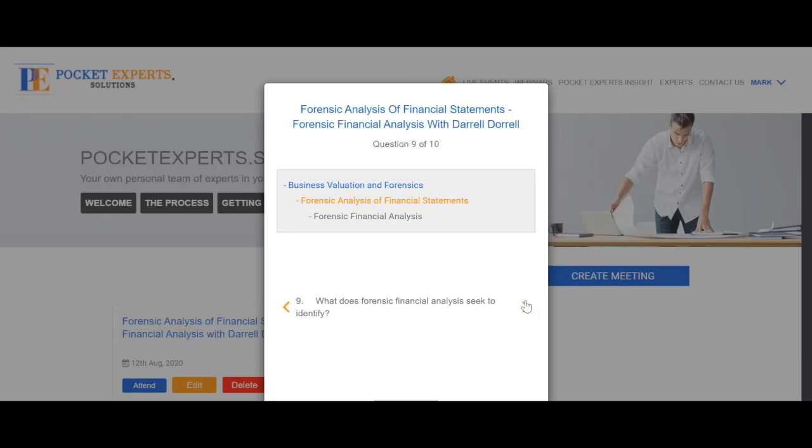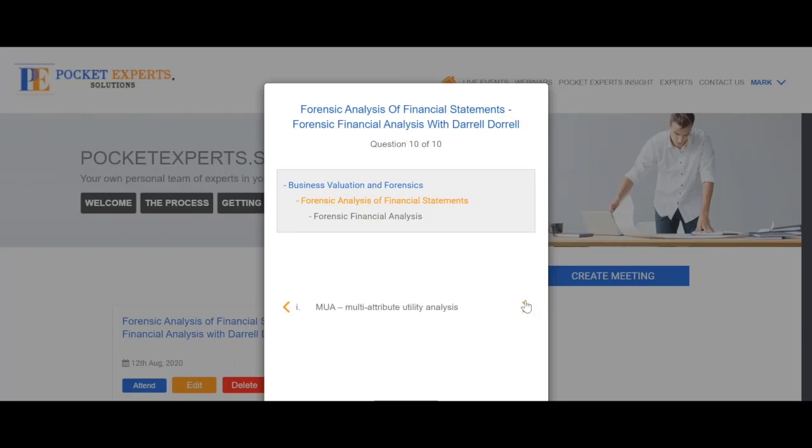I think the member needs to understand that the valuation process and the financial forensics analysis process are two completely different things, and one actually digs a lot deeper than the other. Yes, well said.